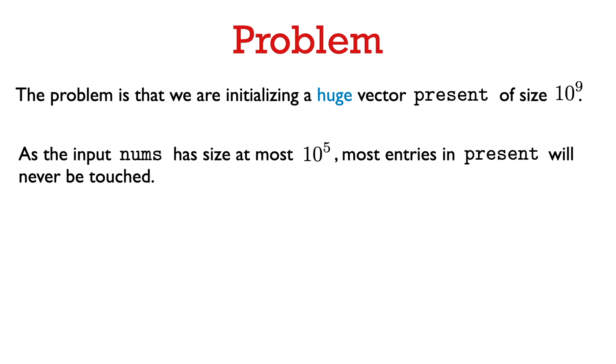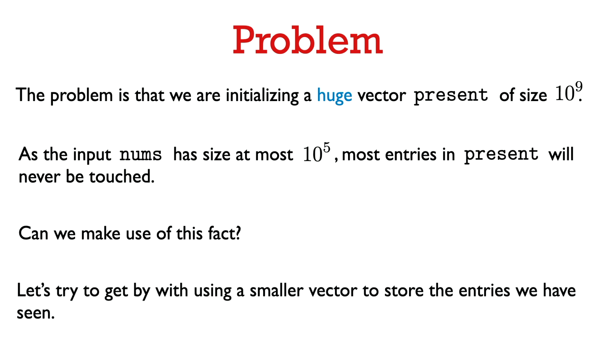So that seems pretty wasteful, right? We initialize this huge vector of 1 billion elements when we're not going to touch most of the entries of that vector. Since the input has size at most 100,000, we're going to mark as true at most 100,000 entries of the vector.